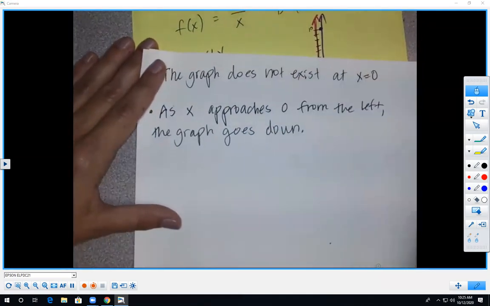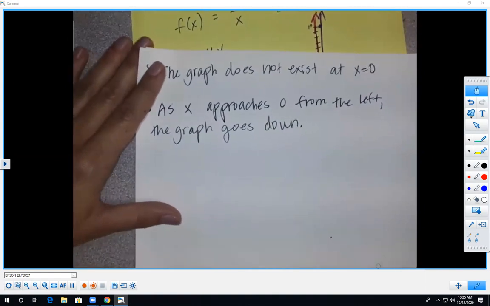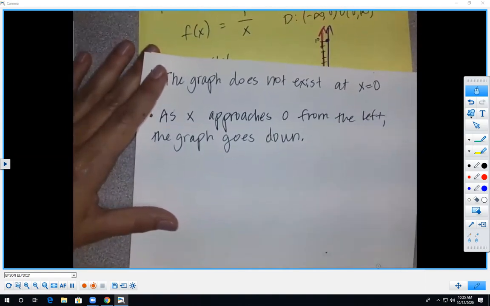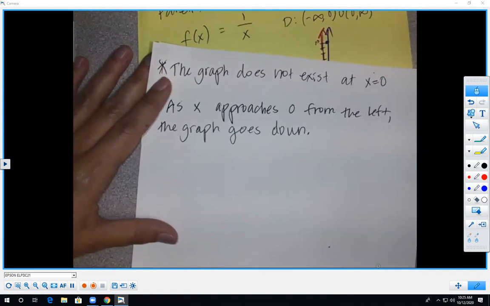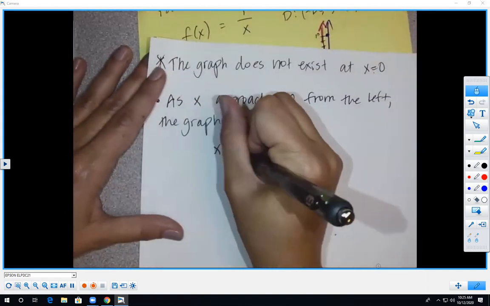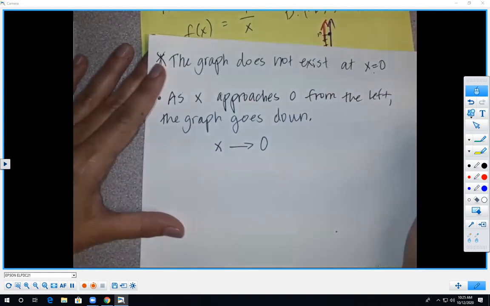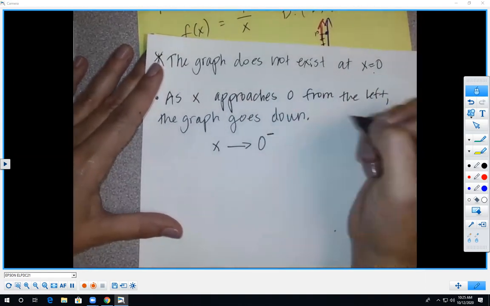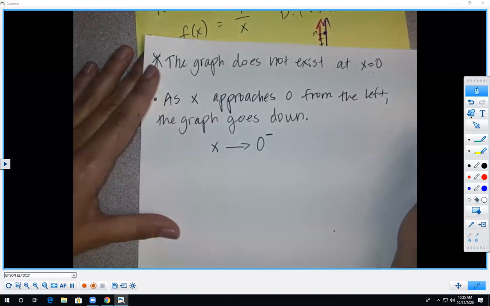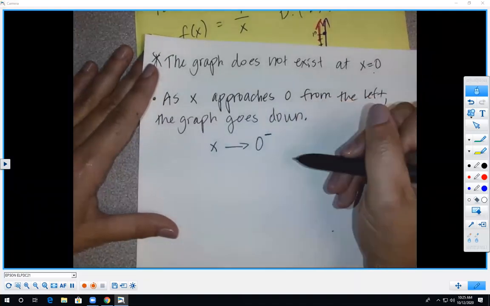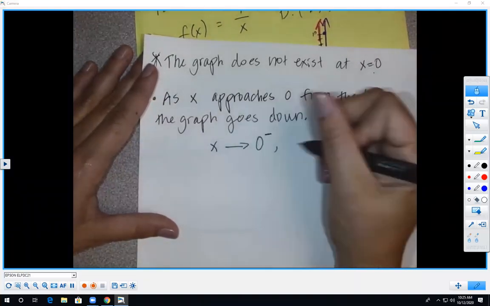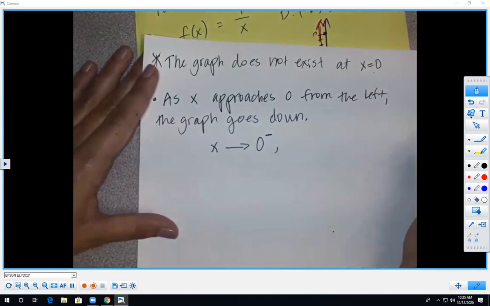Okay, that is the words way to say that. Let's write it with mathematical notation because it's a lot faster. So the way we write it with mathematical notation is we say as x approaches 0, and the way we say from the left is we put a little negative up here on the top right-hand corner of 0. So that means as x approaches 0 from the left, your graph, what do we call graphs?